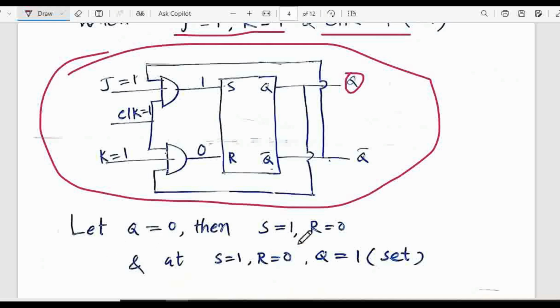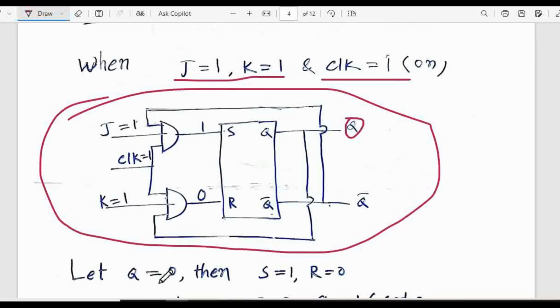You see this Q is the output, and we have taken a feedback from Q and Q bar also, and the feedback from Q is connected to the lower AND gate. When this Q equal to 0, it is also giving 0 to this AND gate.